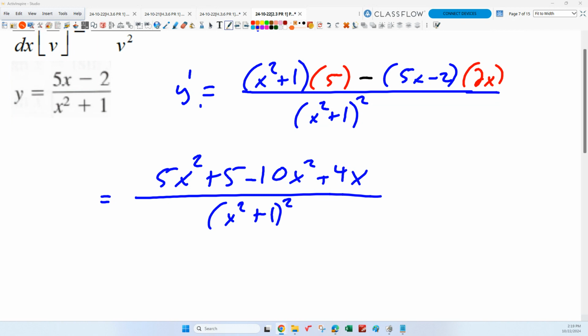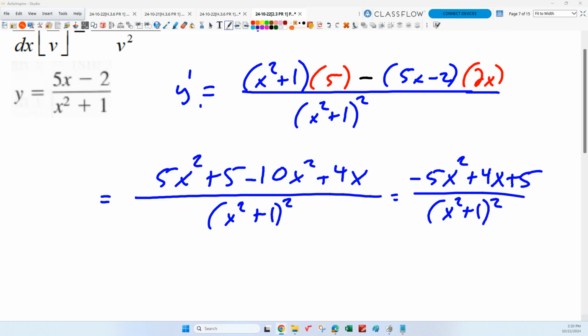What do you think? No, we don't. We want to leave things factored. You'll see why. So then on the top, if we combine like terms, we just get negative 5x squared plus 4x plus 5. Does that factor? Negative 20, does not. Doesn't factor. So that's our answer. Okay, that's it.